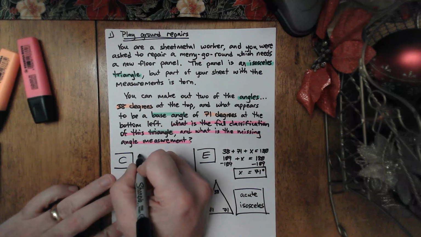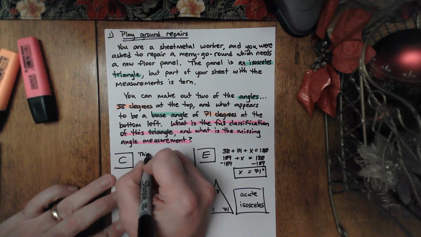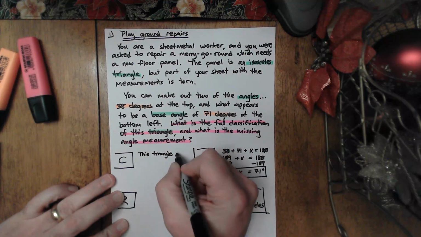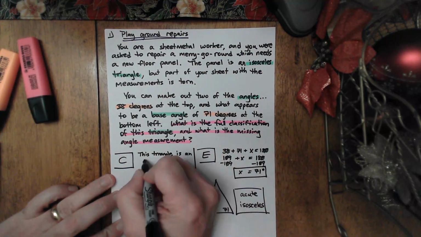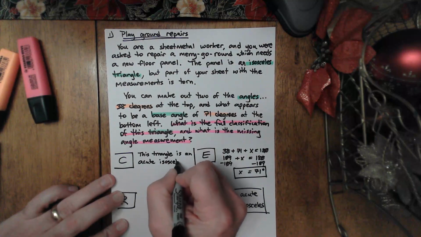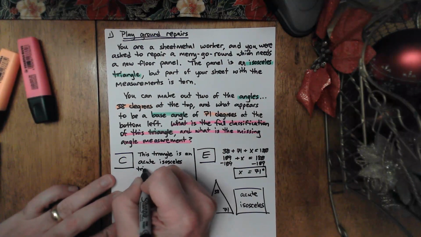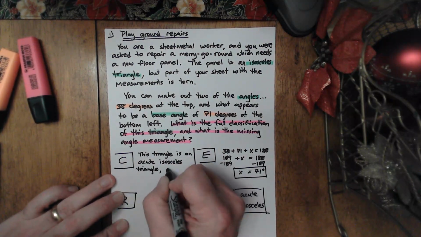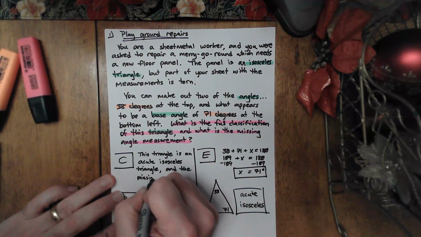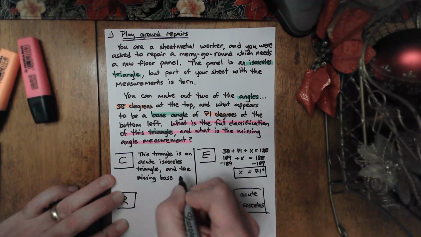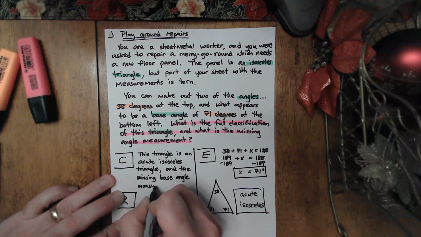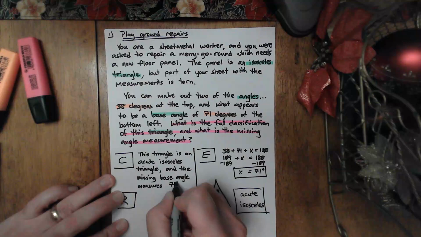All right, so I'm going to say, this triangle is an acute isosceles triangle, comma, and the missing base angle measures 71 degrees.